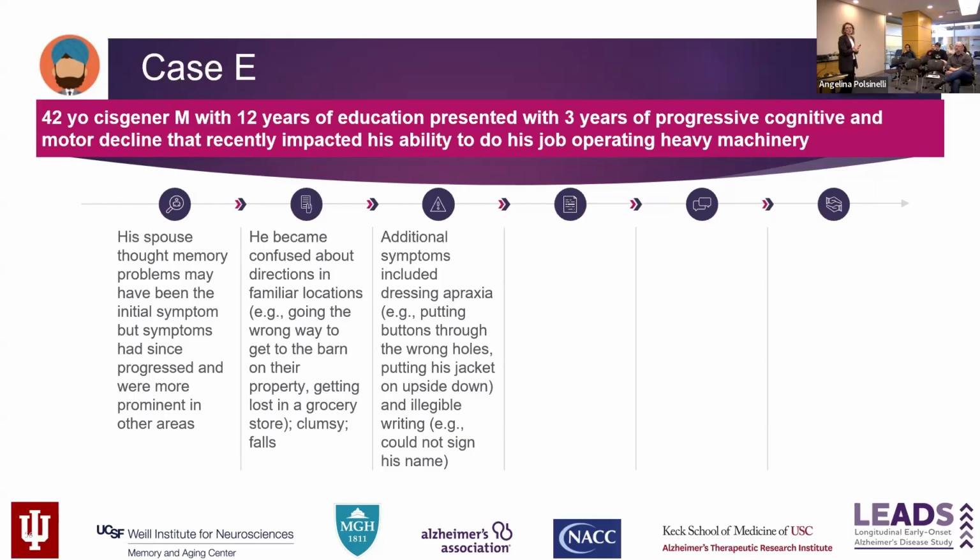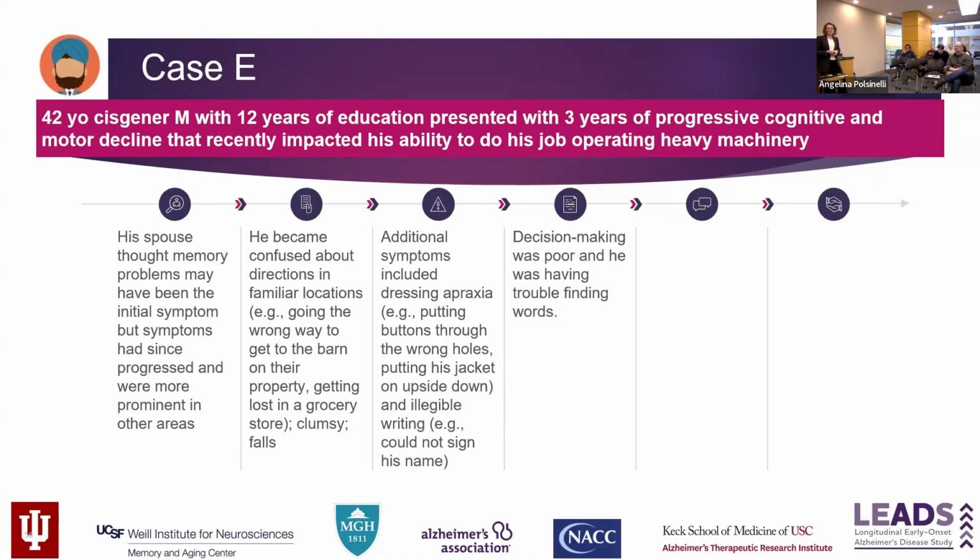Additional symptoms included dressing apraxia, so that's the difficulty orienting shirts and pants to figure out where you need to put your arms through, your legs through, putting things on inside out or upside down, things like that. His writing had become illegible to the point where he wasn't even able to sign his name anymore.